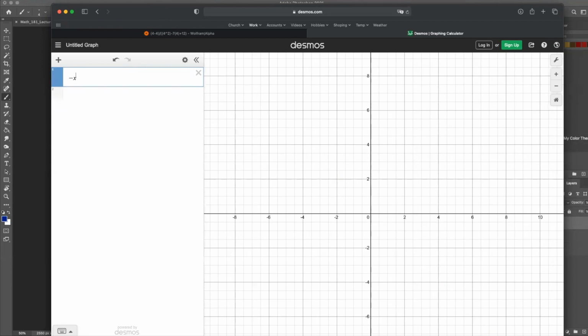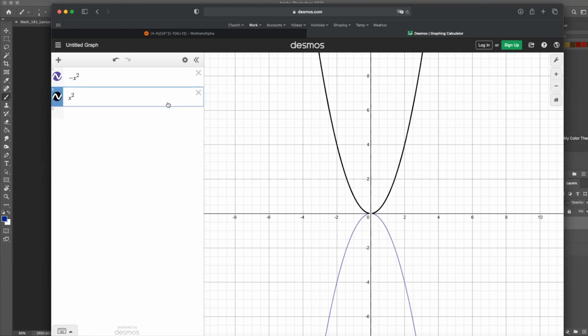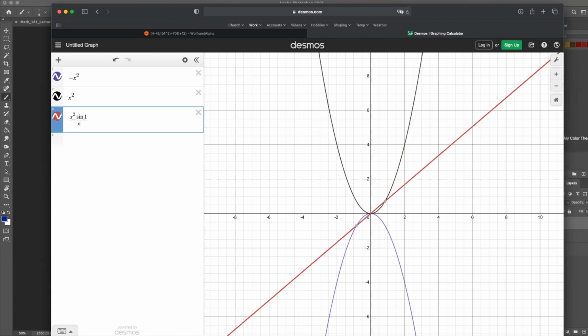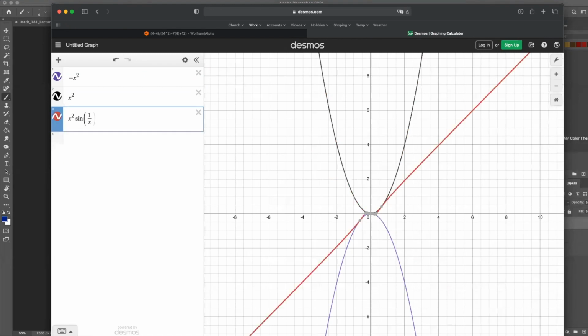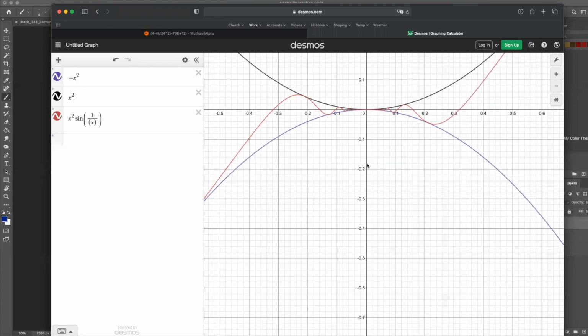All right, so let's type in minus x squared real quick. Let's type in positive x squared. And then we're going to type in x squared times sine of 1 over x. Oops, nope, I wanted 1 over x. There we go. All right, so let's look closely into this.